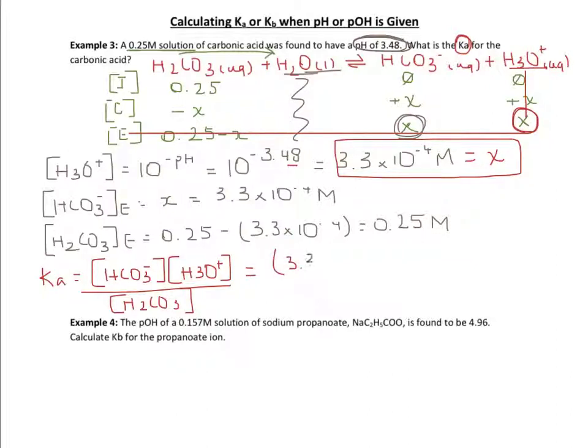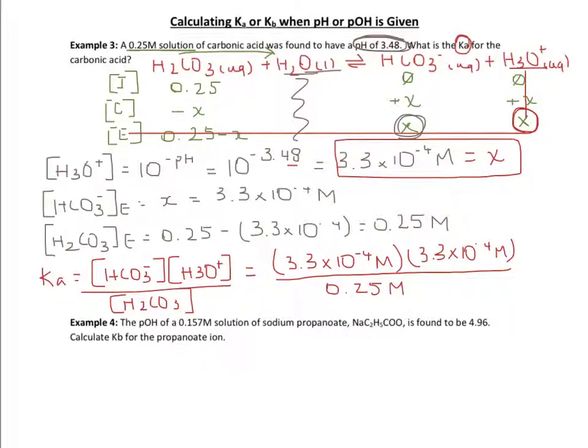We have 3.3 times 10 to the negative 4 molar times 3.3 times 10 to the negative 4 molar. Or you can simply write that as 3.3 times 10 to the negative 4 squared over 0.25 molar. These molars will cancel out, and we will get a final answer to the appropriate number of significant figures, 4.4 times 10 to the negative 7 molar or moles per liter.